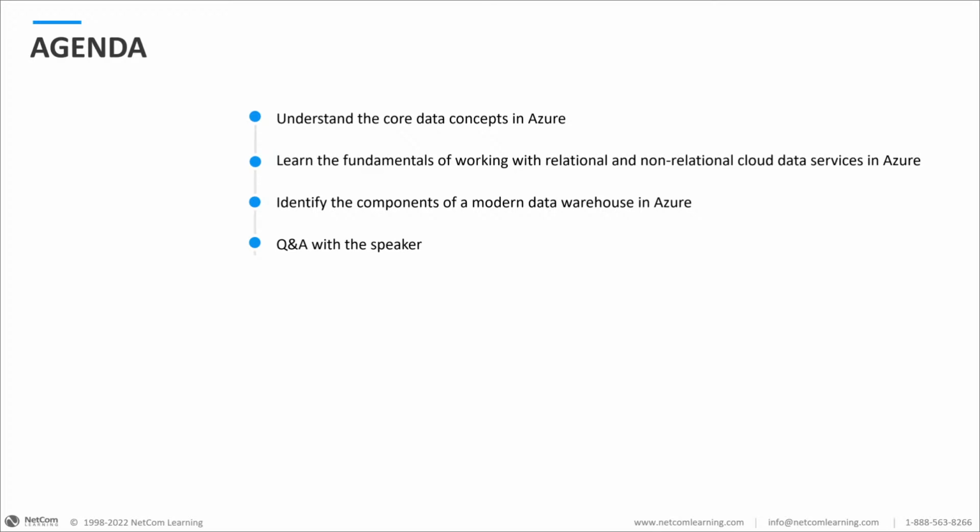First of all, understanding how Azure works and how Azure stores information. Then we're going to cover concepts relating to both relational and non-relational data services in Azure, and the fundamentals of how that actually works. And then we're going to take a look at some of the modern warehouse features that exist in the Azure platform.